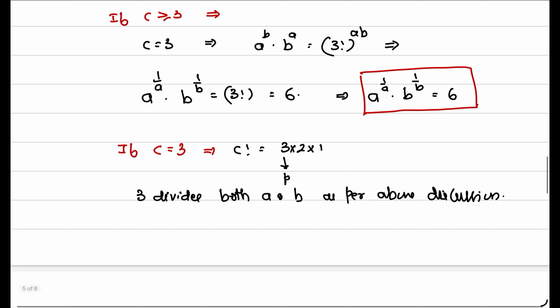And its power is 1. This particular prime, if you consider P, its power is 1.